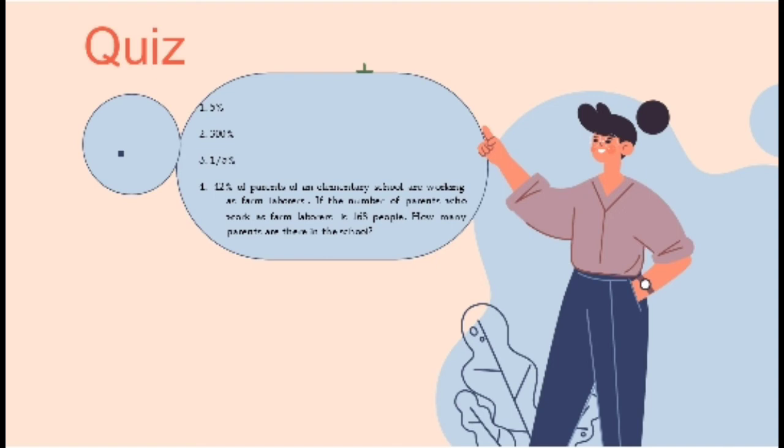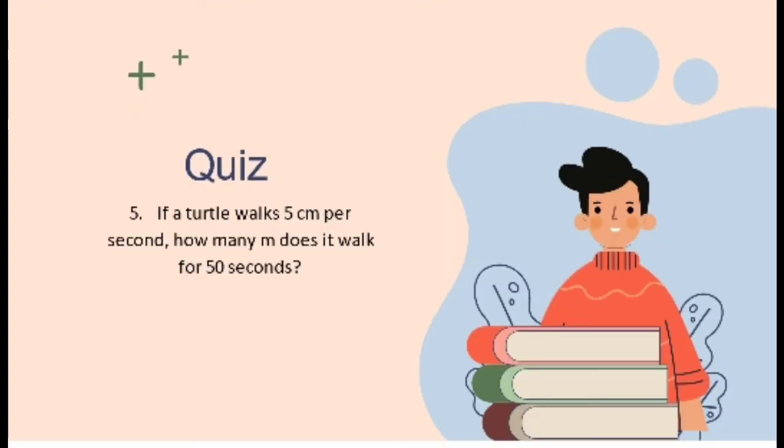If the number of parents who work as farm laborers is 168 people, how many parents are there in the school? Number 5. If a turtle walks 5 cm per second, how many meters does it walk for 50 seconds?